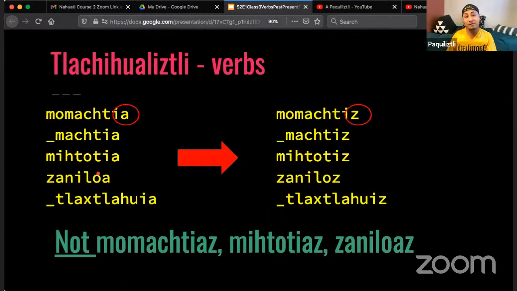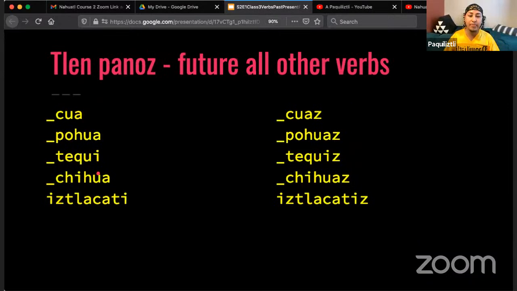You're supposed to drop the A first, and then you're gonna add the Z. It's basically the S sound. But because we're using the classical writing alphabet, that's why we're using a Z. But if you look at the practical alphabet, they use the letter S because it's an S sound. Okay, so the example that I gave you, that's how to say the future tense for class 3 verbs. You have to drop the A and then add the Z.